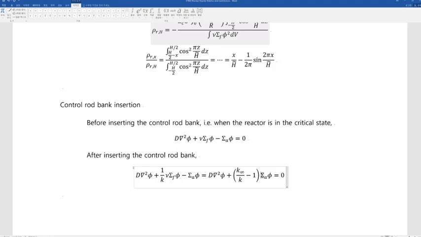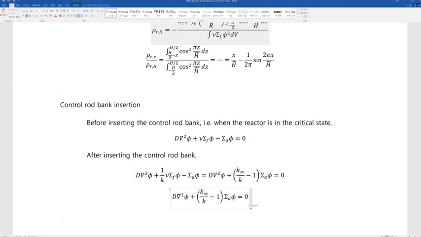And when we utilize two groups, then instead of L squared, we get m squared. So that's what we actually studied last semester in the nuclear reactor theory course.